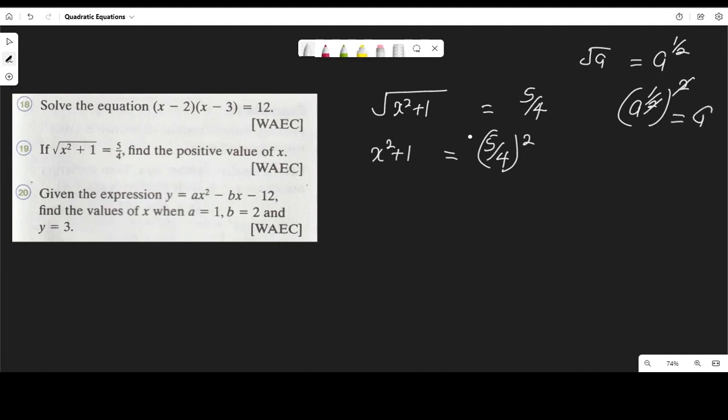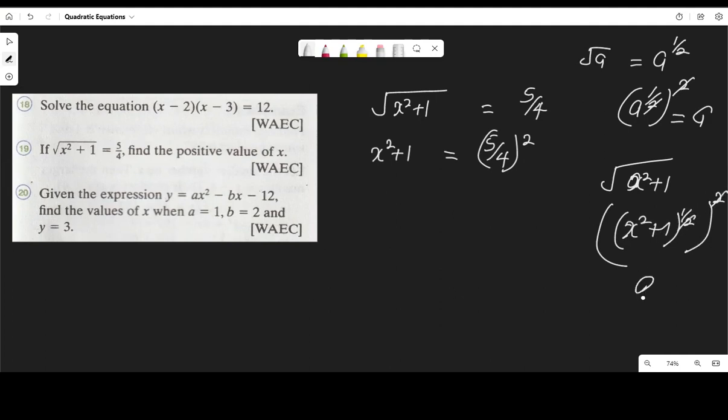So the point I'm making is, the square root of s squared plus 1, I can write as s squared plus 1 to the power of half. Then taking the square of this, that will be to the power of 2. So these 2 will cancel.